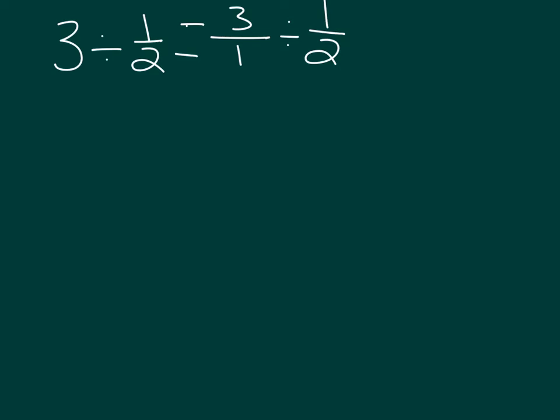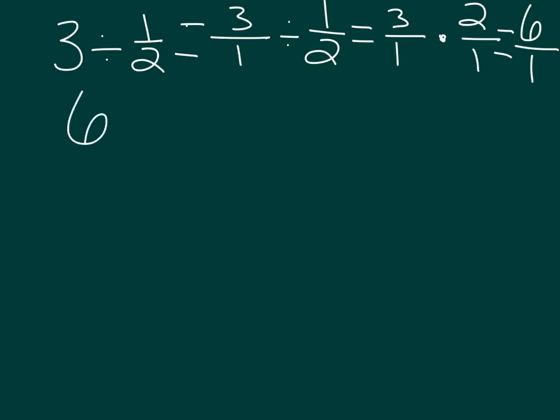We just wrote 3 as a fraction. From here, we use our rules. So we're going to keep our first fraction, change our sign, and then use the reciprocal of our second fraction. From here, we multiply across. 3 times 2 is 6, and 1 times 1 will give us 1. We can write 6/1 as the whole number 6, and that would be our final answer.